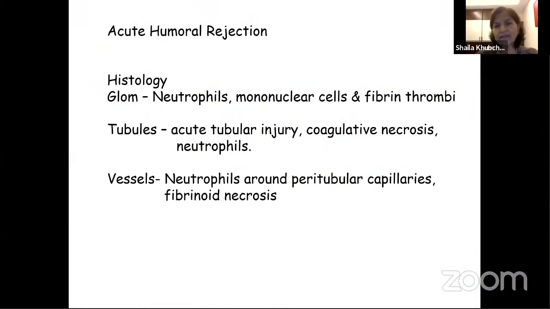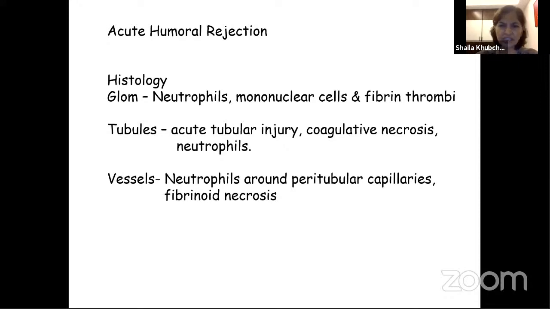There are scenarios wherein C4d may be negative, and yet you have a humoral rejection, for which you have to have the presence of serology of DSA positivity. Why? Because TMA can show you an identical histology, and you have to know what you're dealing with.